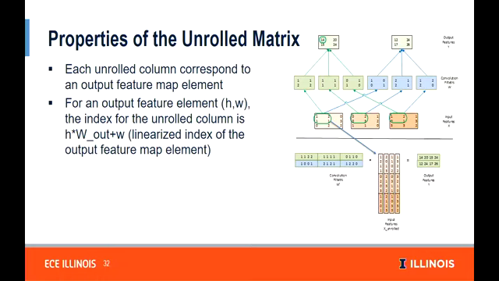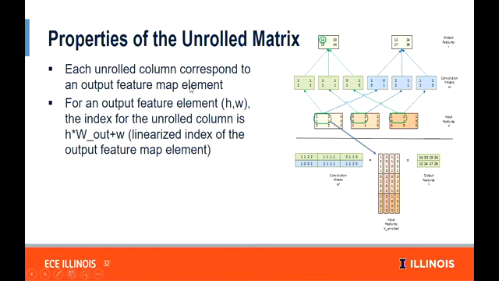The little sections of convolution as part of the columns, and then each column corresponds to one of the elements in the output, in each output feature map. So let's revisit this. Each unrolled column corresponds to the need of an output feature map element.